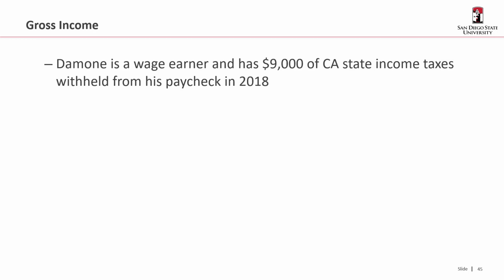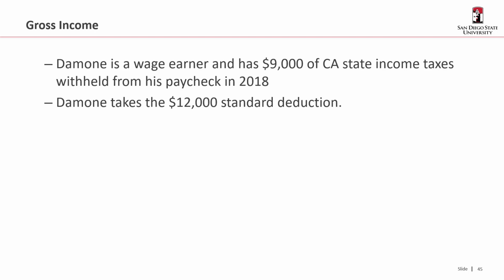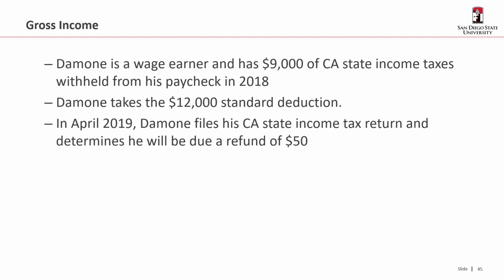Okay, so in this case, Damone is a wage earner and has $9,000 of California state income taxes withheld from his paycheck in 2018. So obviously that is a much higher amount. Damone takes the $12,000 standard deduction. So maybe that's the only itemized deduction he had. So as a result, he takes the standard deduction. In April 2019, he files his California state income tax return, determines he's due a refund of $50.